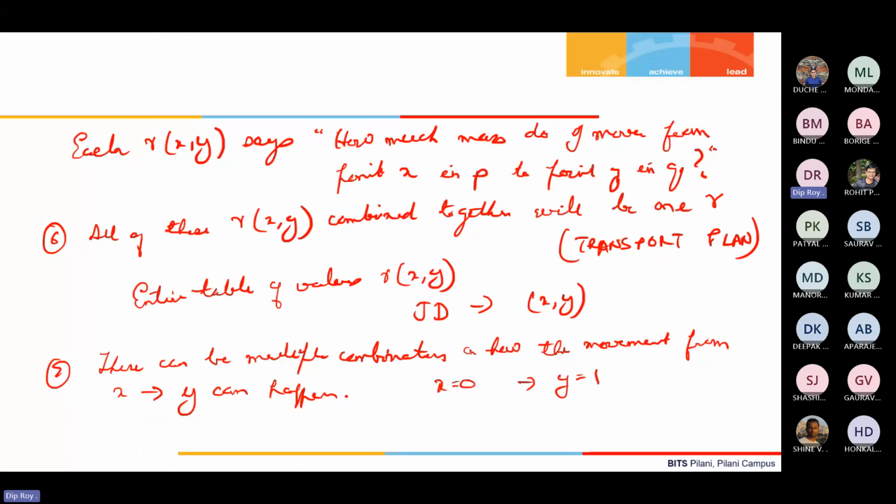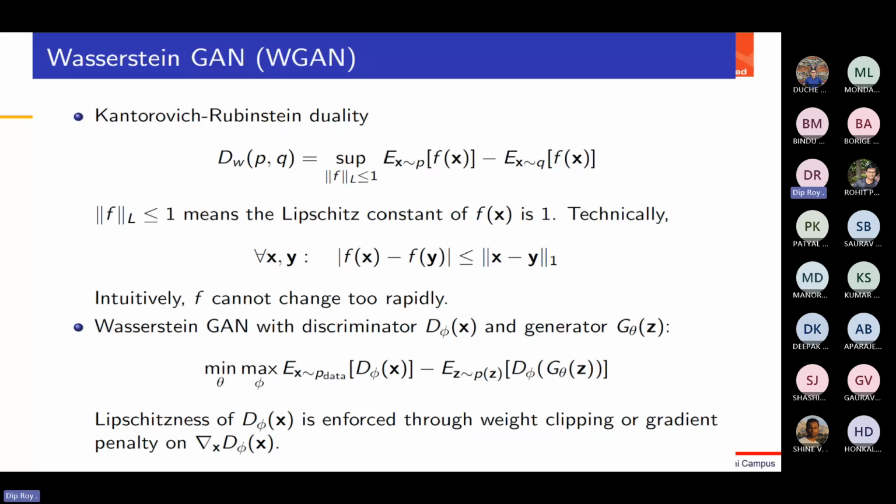We discussed all these things earlier. One of the key problems, as you have by now figured out through various discussions in the past, is that the primal form of this is essentially hard to solve, because we don't know P of X and P of Y. So what we need to do is use this Kantorovich-Rubinstein duality.